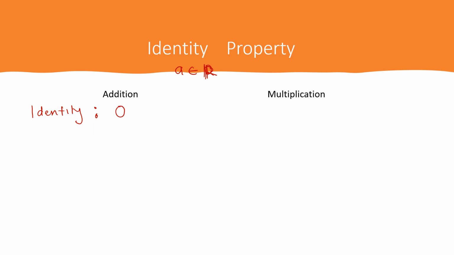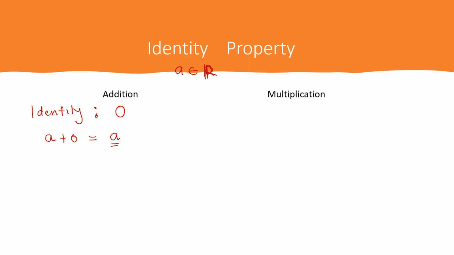Why is it 0? Because if we take this a in R and add 0, it's not going to change the number. That is why we call it identity, because you're adding it and it doesn't change your number.